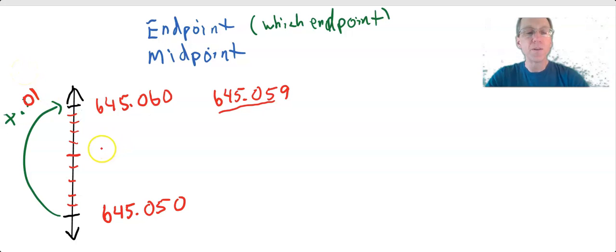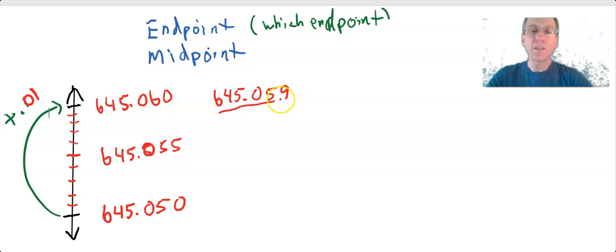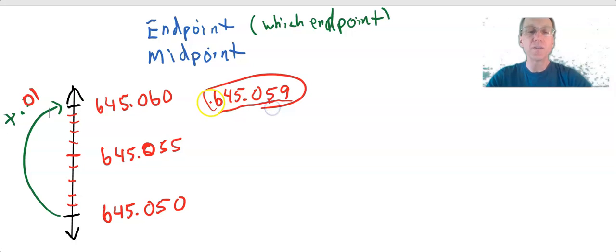Okay, so that midpoint will be 645 and 550 thousandths. And again, we looked at this 9 and we're like, oh, that's really going to make this number so close to 600. In fact, you can tell it's right there.